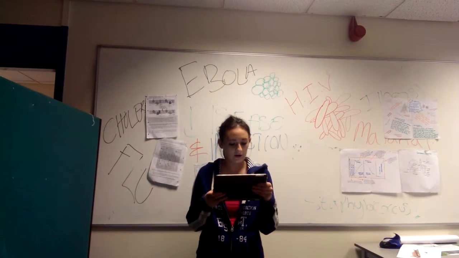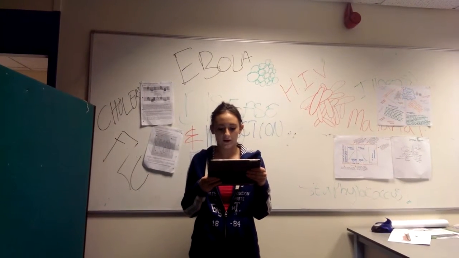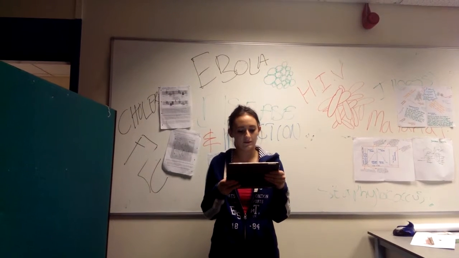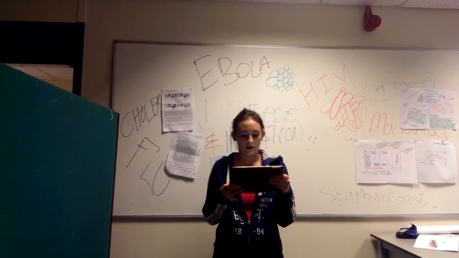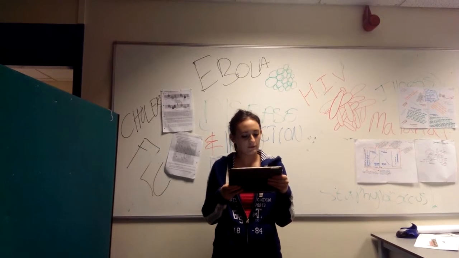AIDS in some ways can be seen as a discriminative disease. An example of this is that higher income groups living in urban settings have a higher HIV prevalence than those living in rural areas.